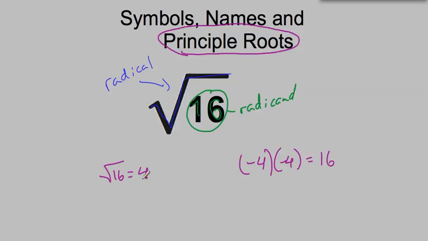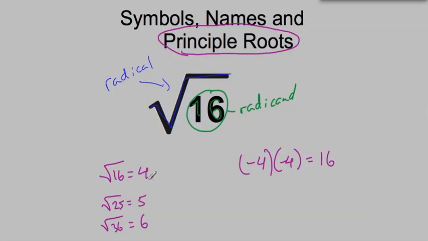While that is a true statement, with the concept of a principal root, we're going to restrict radicals to only principal roots, and principal roots are only the positive version. We'll get back into the negative versions when we start talking about solving for variables, like solving for x squared. But for any time we have a square root symbol, we are only concerned with the positive or principal root. So the square root of 25 is simply 5, and the square root of 36 is simply 6.